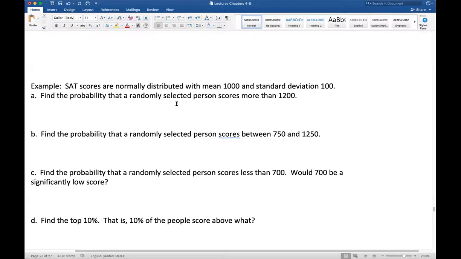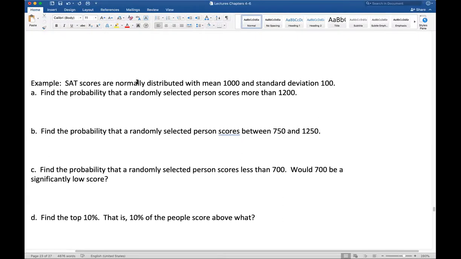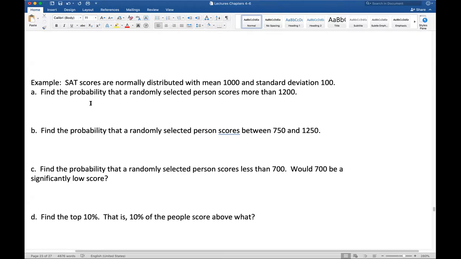Next problem. SAT scores are normally distributed with a mean of 1000 and sigma is 100. Find the probability that a randomly selected person scores more than 1200. Then we find the probability that x is greater than 1200, right?